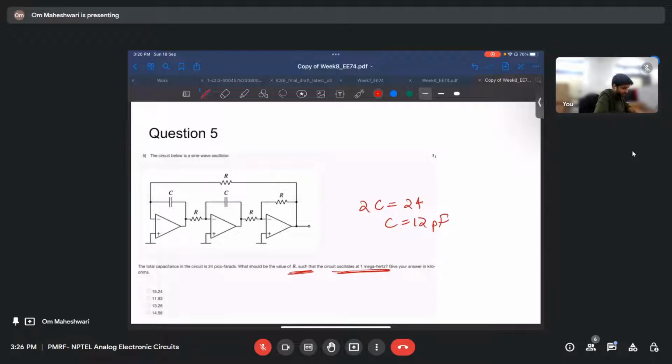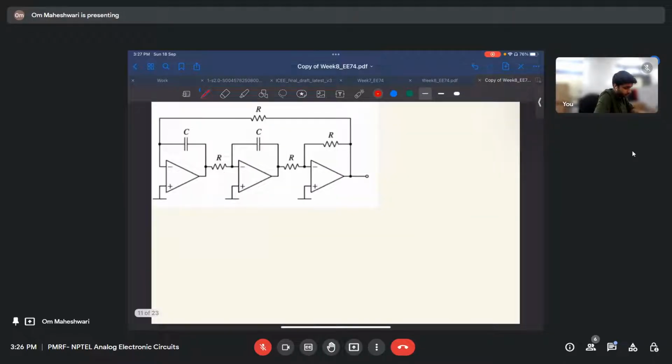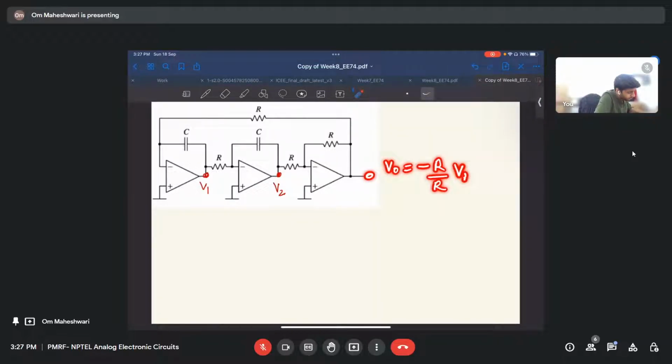Okay, so let us see. Let us assume something. Let's say the voltage here is V1, the voltage here is V2, and this is R and R. So the output here will be VO equals minus R by R into V2, right?